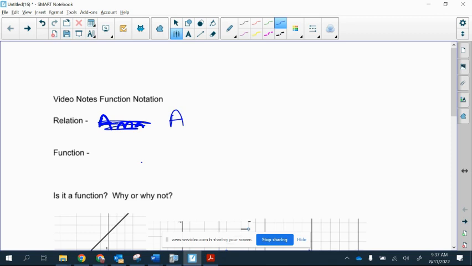Make sure you're patient. This is a mapping of points between two variables.